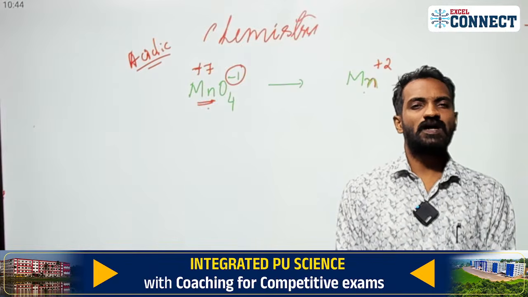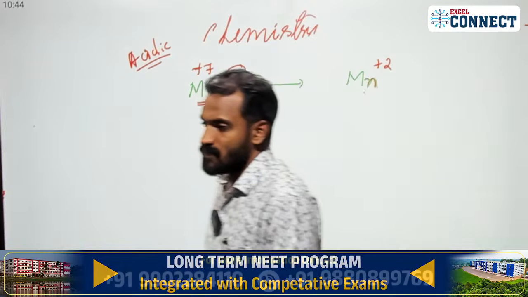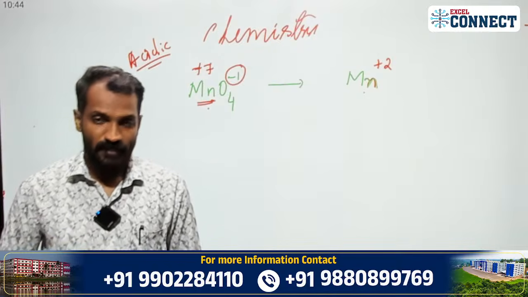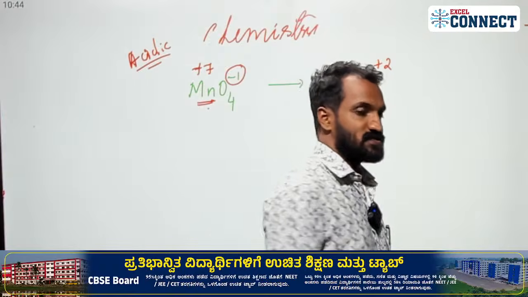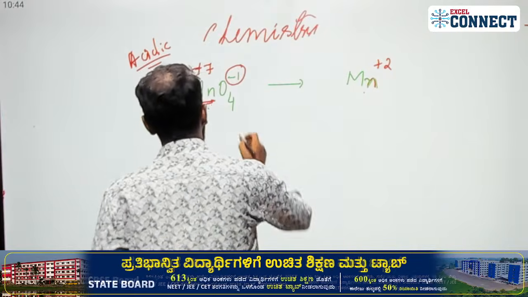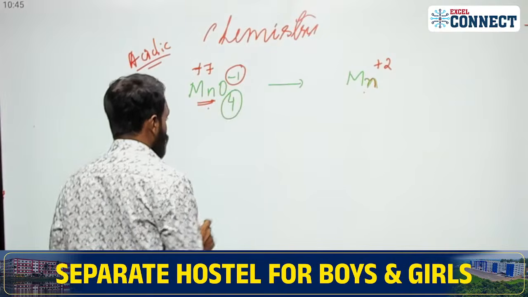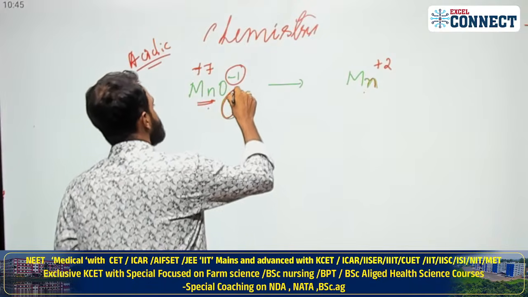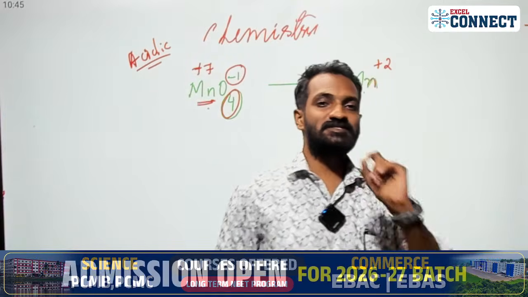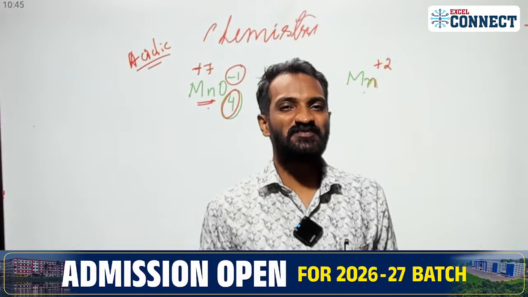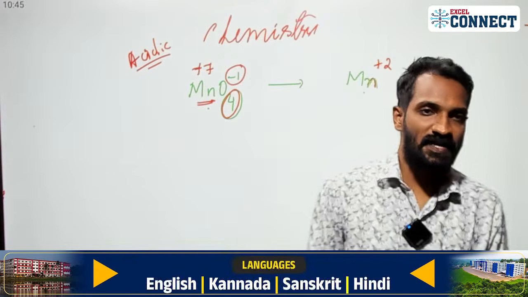Seven. What is that? 2 water is added on the RHS. 2 water. My dear, look at the oxygen first. How many oxygen required? Here 4 oxygen is there, here 0 oxygen is there. How much must I add? That is important. 2 water, correct, Satish.